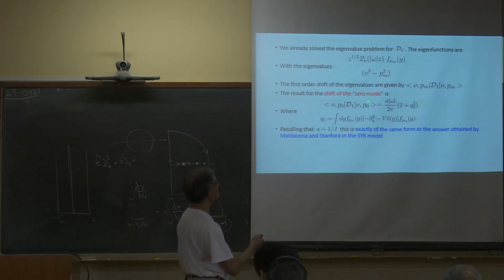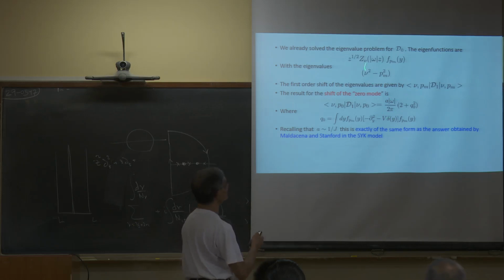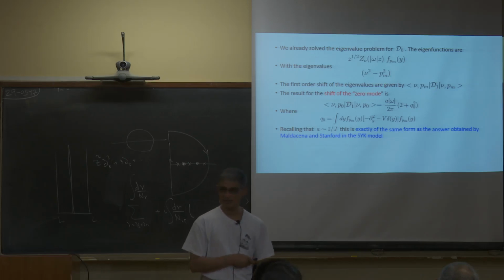The expectation value is this, where Q0 is the matrix element of that operator in that basis. And so, this is the shift of the eigenvalues, and again you notice it's A times omega, A is 1 upon j. So, it is omega upon j. So, it is exactly of the expected form.